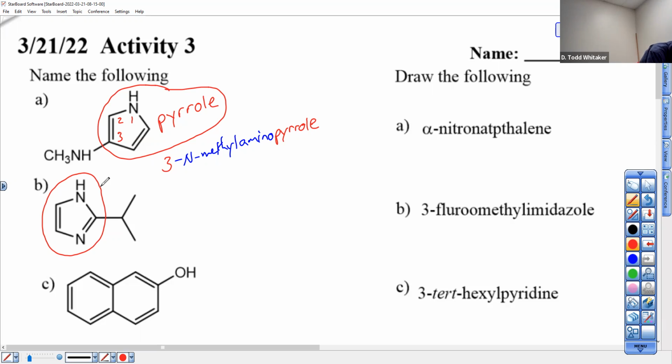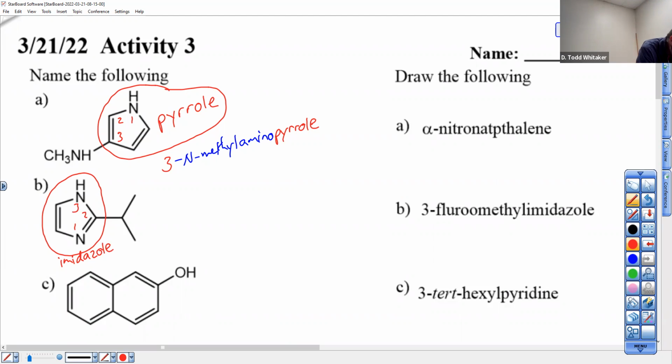Anyway, you need to learn this. This circle is called imidazole. And the numbering would be 1, 2, 3. One of the ends has to be 1. You've got to go to the next end and keep the numbers as low as possible.